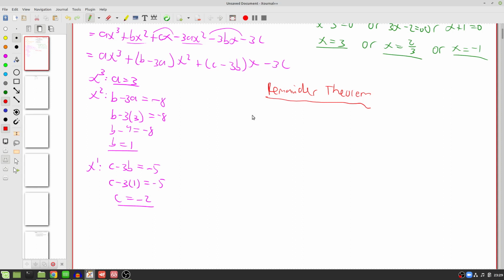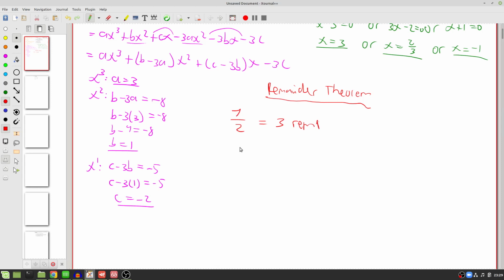Let me give you a concrete example with some integers. If we say 7 divided by 2, what does that give us? Well, 2 can go into 7 3 times, and then there's a remainder of 1, because 2 times 3 is 6, so we still need to add 1. So the remainder is not 0, which means 2 is not a factor of 7.